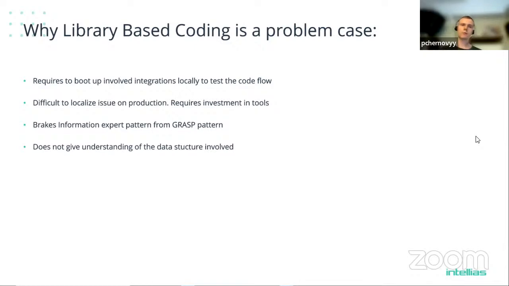and this does not give an understanding of the data structure involved. So it only looks like behavior-driven development. We look into the code and we see the behavior, right?